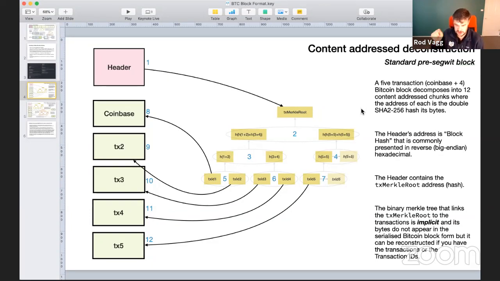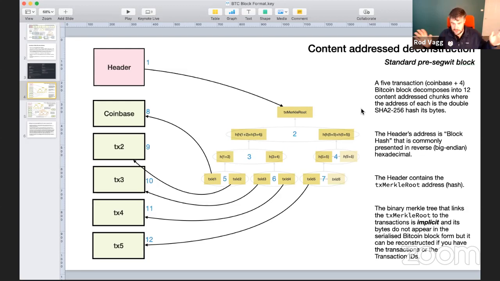It does it internally. It uses that same algorithm to address all these chunks. So this is a standard Bitcoin block, the old-fashioned simple version of the Bitcoin block, where you would have the header, which is addressed. So you can pull that out as a piece, and then you've got this IPLD-like structure of this tree where each one links to another one.